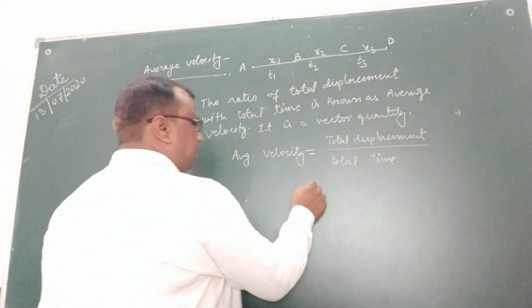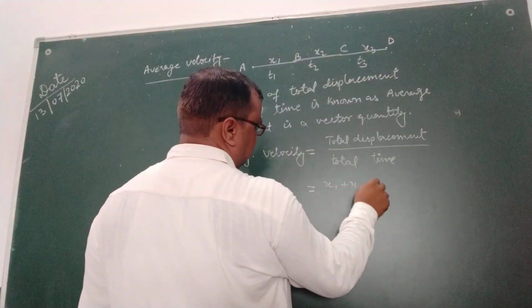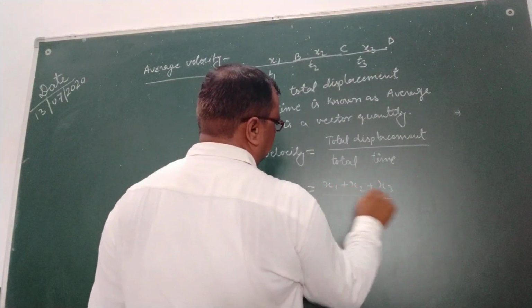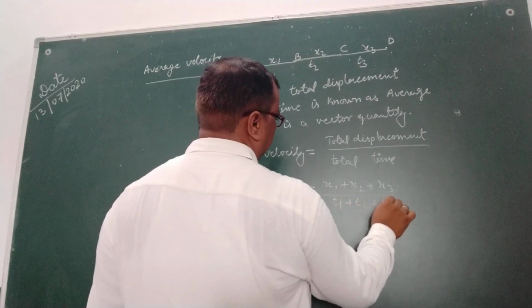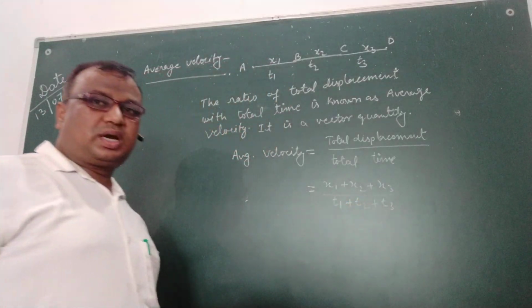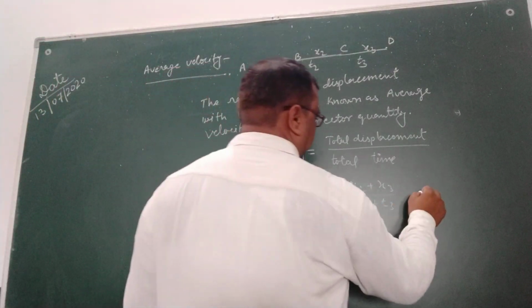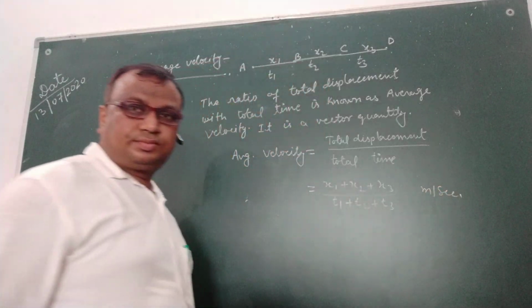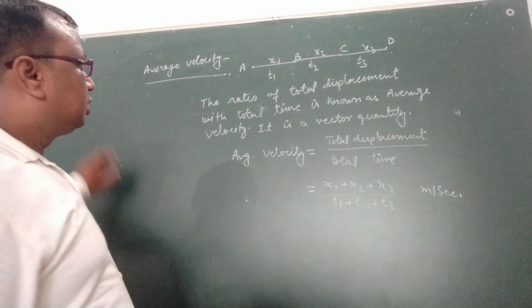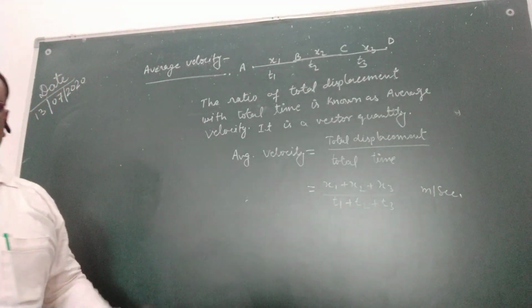So it is x1 plus x2 plus x3 upon t1 plus t2 plus t3, in meter per second. Okay? So note it.